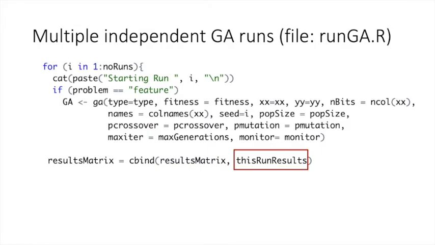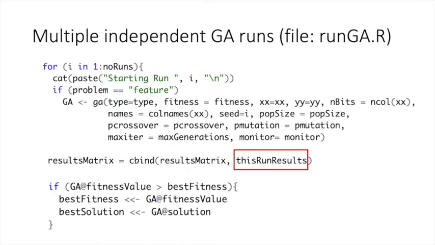And then when a GA run finishes, it dumps this matrix into an even larger matrix called results matrix, which is on the left, using the cbind function. This way the results of all the different runs are added to the results matrix, and when the for loop terminates, the results of all the runs are available to you. These results are then plotted to collectively show the performance of all the 30 runs.